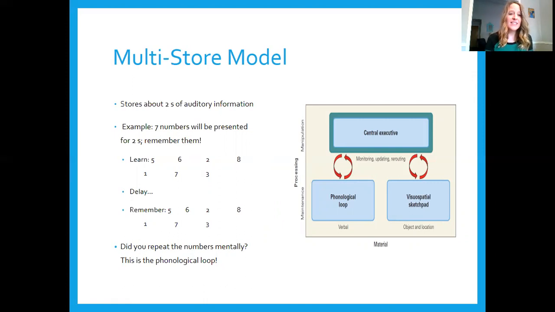So the idea is that if you are given this list, 5, 6, 2, 8, 1, 7, 3, that you would repeat those over and over again in much the same way as though you are saying them verbally out loud.